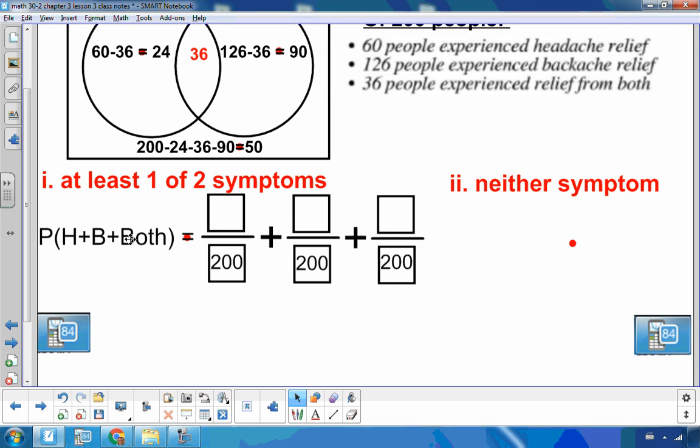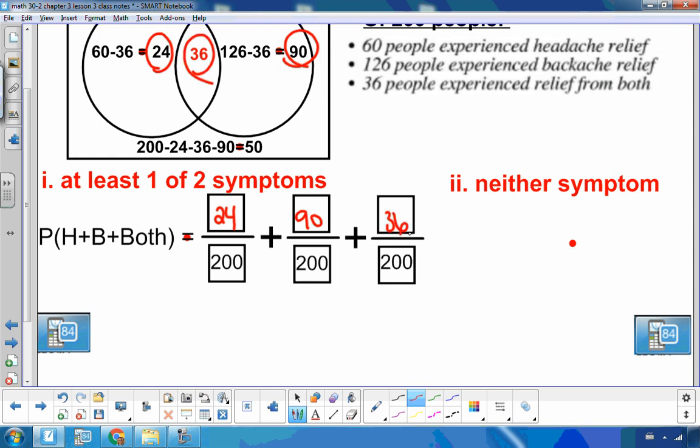So headache, let's add those together. So headache would be the 24 people right here, 24 from headache. I could get relief from backache. So that would be my 90 people right here, 90 out of 200. And then I could have relief from both, which would be the 36 out of 200. So one or the other or both.